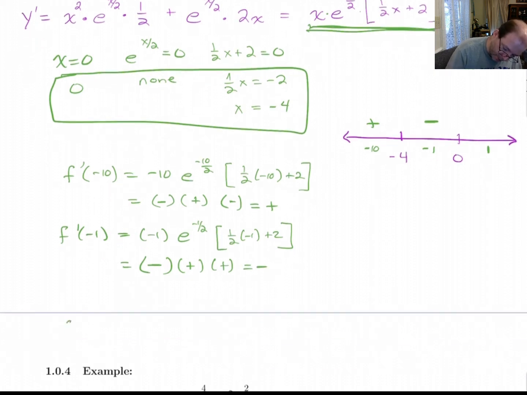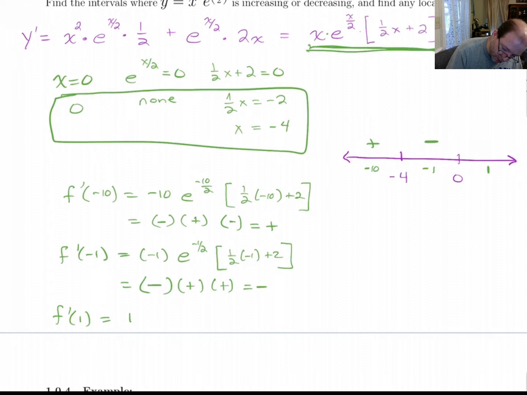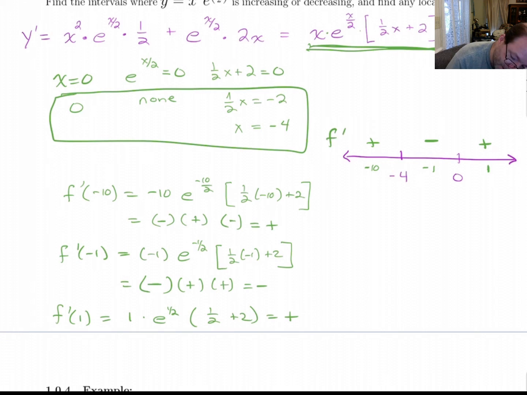And then f prime of 1, I guess I can actually do that up here on this page. F prime of 1, you get 1 times e to the 1/2 times 1/2 plus 2. So that's a positive times a positive times a positive. So we get this. So this is f prime. And so my original function f is going up, down, then up.